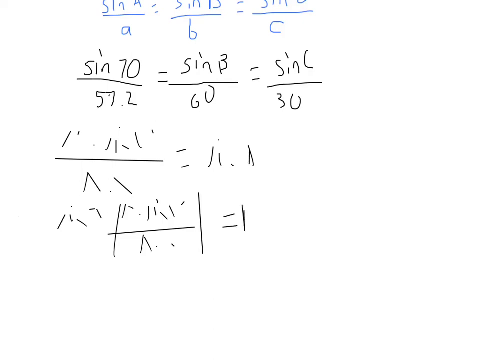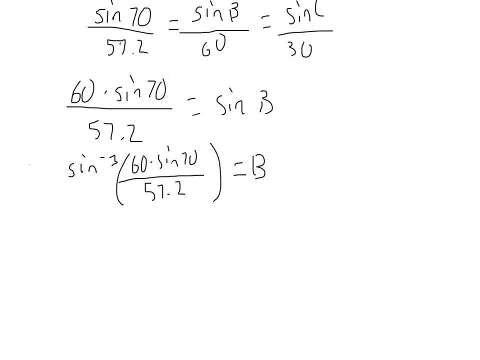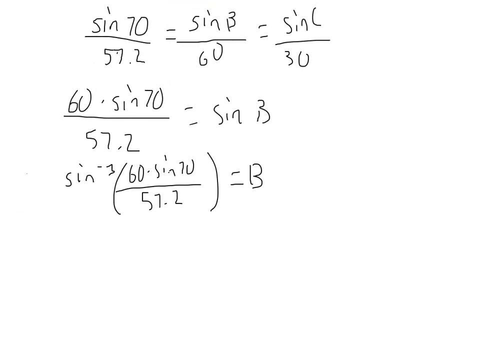That will give us angle B. To find angle C, we would do 30 times sine of 70 divided by 57.2.